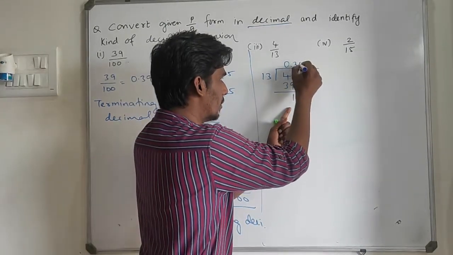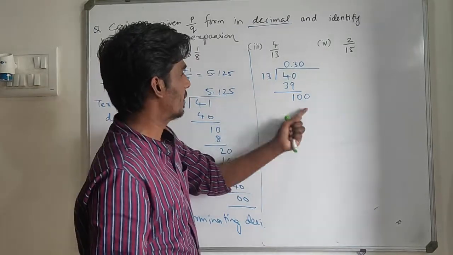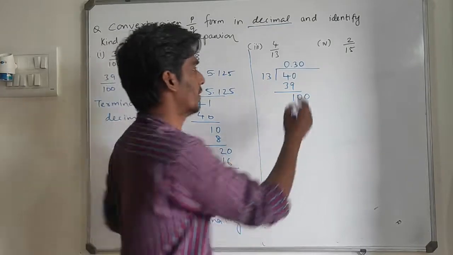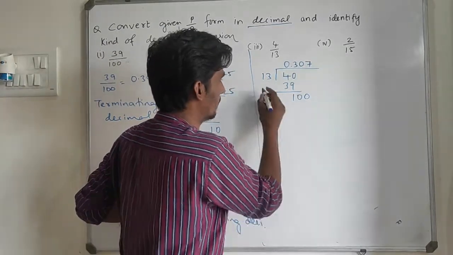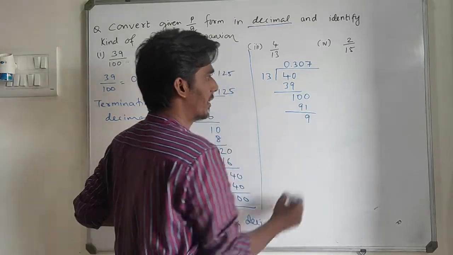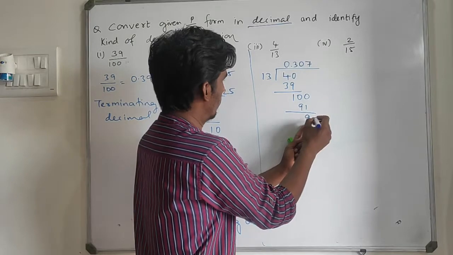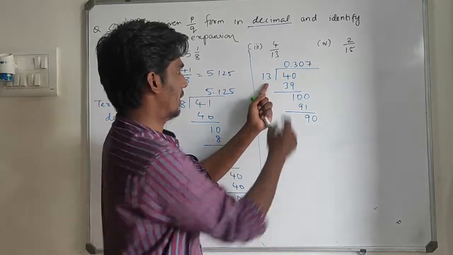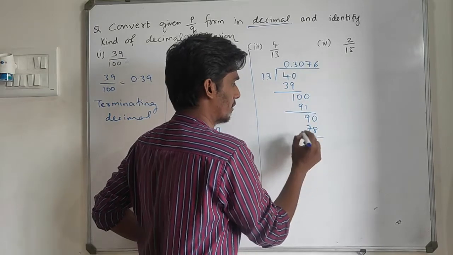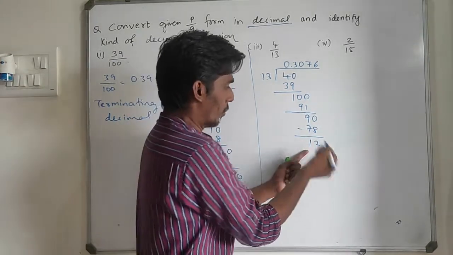So I have to take another 0, then it becomes 100. Now 13, which number is there before 100? 13 sevens are 91. 100 minus 91 is 9. Now I got 9 here. Take 0 here, then 6s are 13 6s are 78, minus here, so it's 12.